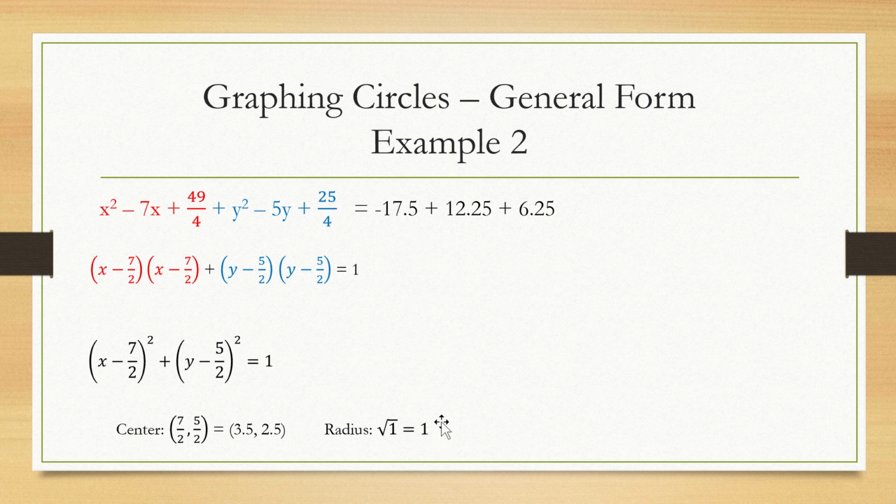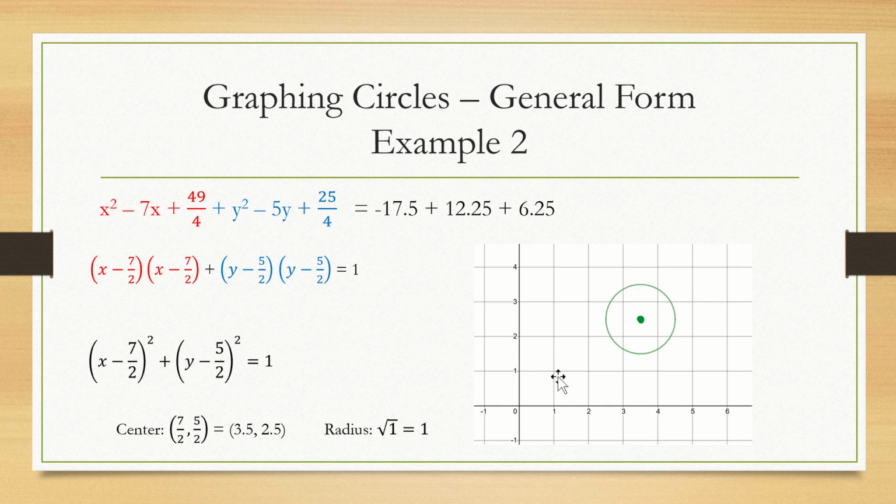So now that we have the center, negative 3.5 and 2.5, and the radius is 1, we just put a radius of 1 around the center here, and we have our circle. So this is the graph of the original equation that we've graphed in general form.